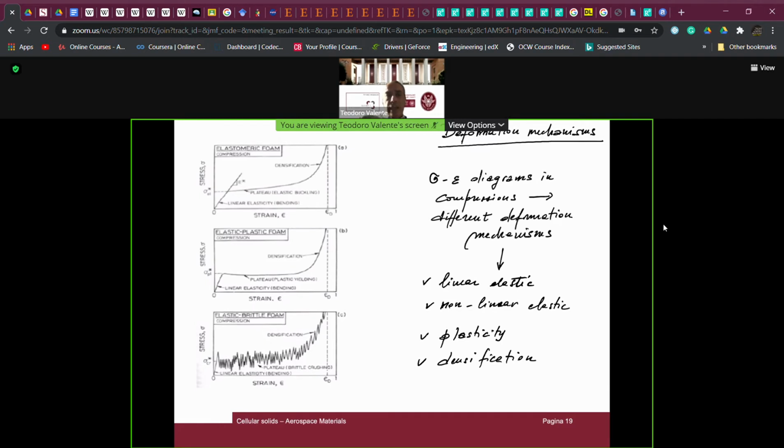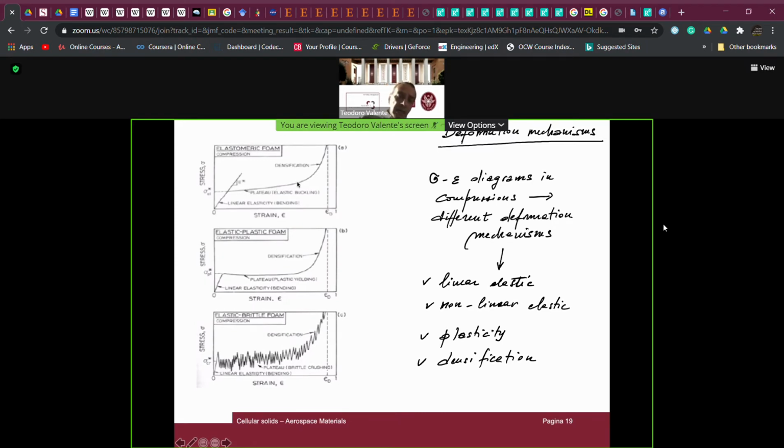And this phase, which represents a characteristic part of the behavior of the material, is a phase in which we have very relevant strain values with a very low, at least near to zero, increase of applied stress, so that there exists a plateau.